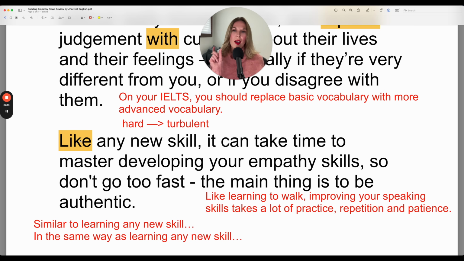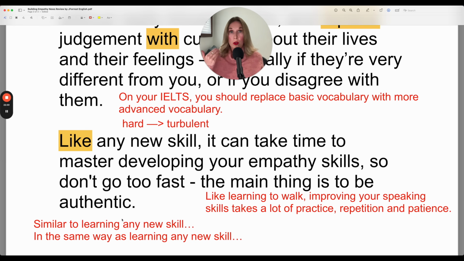Let's review how like is being used in this context. Like any new skill, like means similar to learning, similar to, and then whatever the action is, in this case, learning, mastering, developing, practicing, whatever the action might be.